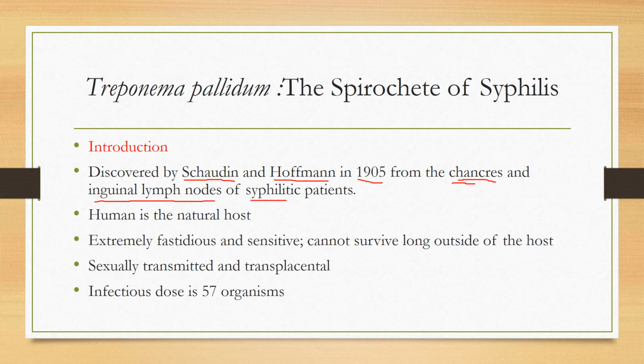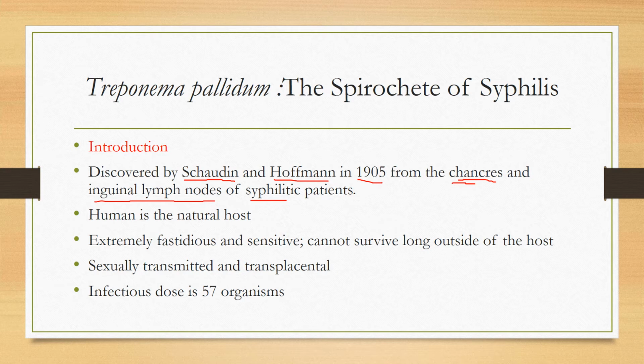Humans are the natural host for Treponema pallidum. They are extremely fastidious and sensitive, meaning they require special conditions and special media for their growth. They are not culturable and do not grow in artificial medium. They can only be grown in cell-containing medium, like testicular cells; they can be grown in rabbit testicles.